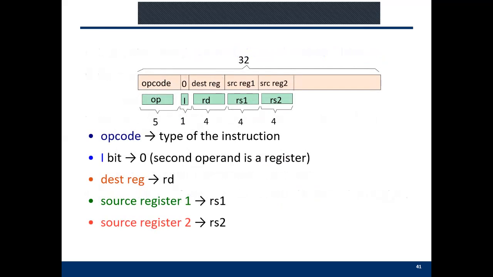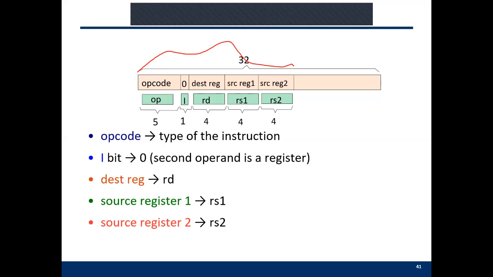So the structure of the three-address instruction can be like this. We have the first operand, the second operand, and the result. The first operand can also be called source register 1.